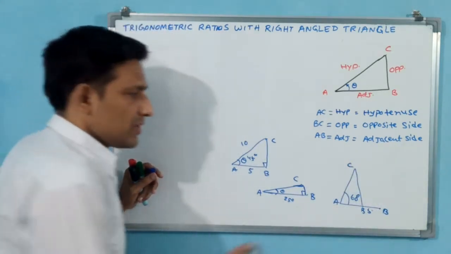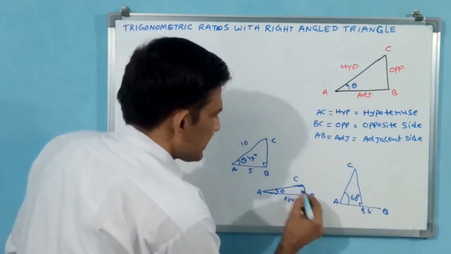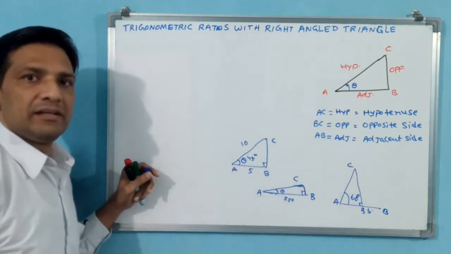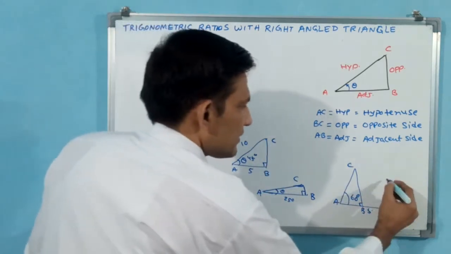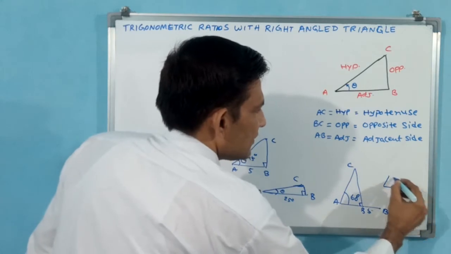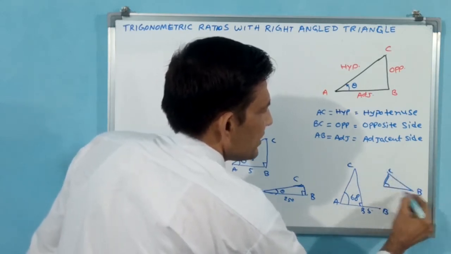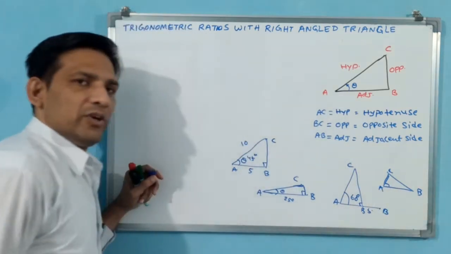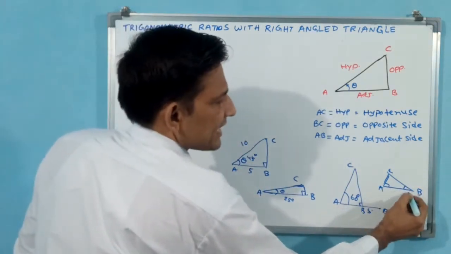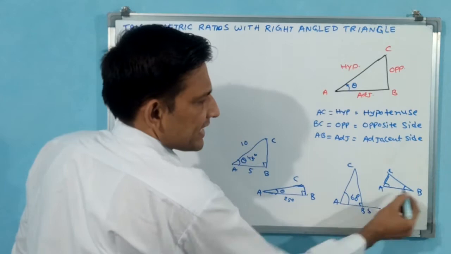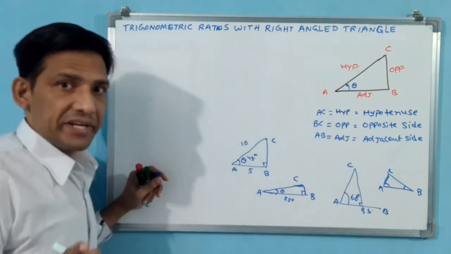Why is it happening? Because you are maintaining this right angle triangle. Or else it will become like this, C, B, A. If you don't want to make it a right angle triangle, another angle will come rather than the right angle, 90 degrees. Right angle means 90 degrees.